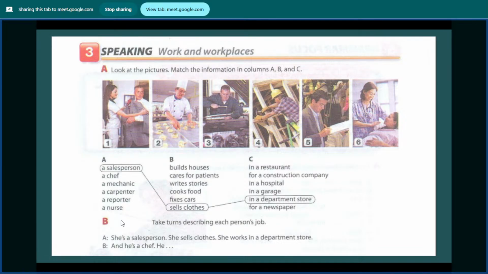Shape. Shape. Cooking food. लिहून काढायचे का? लिहून काढायचं. येस.